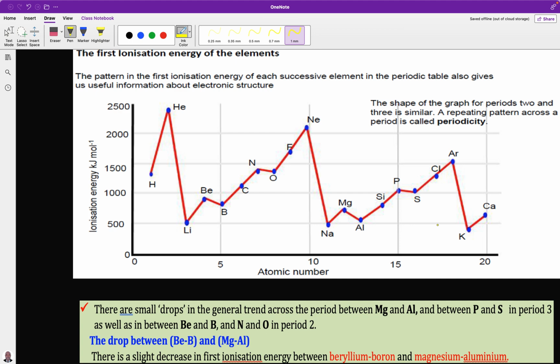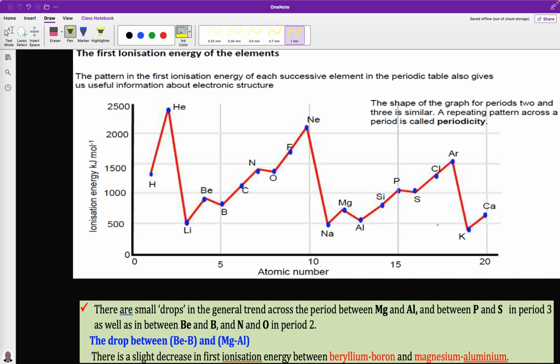So we can now say, there is a general increase in the first ionization energy across the period because the increasing nuclear charge and the decreasing atomic radius make the attractive force between the nucleus and the outer electron greater.